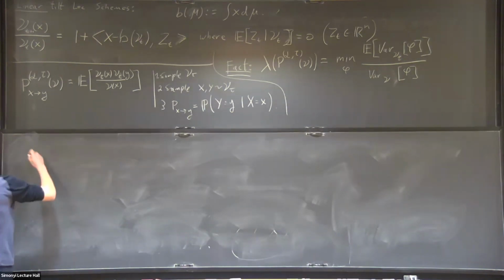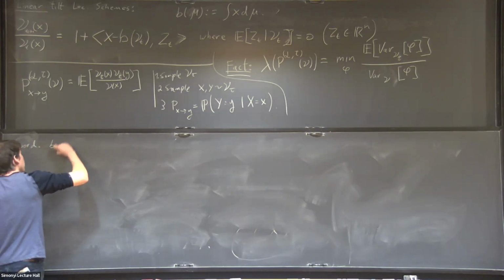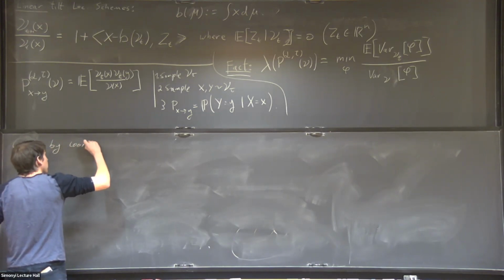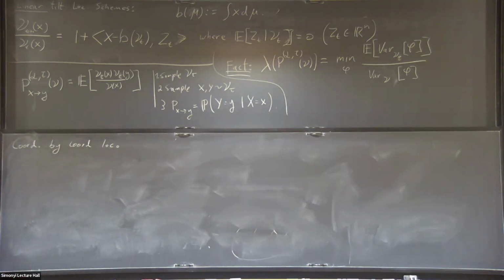So coordinate by coordinate localization is just going to be defined via that equation up there, and I just need to tell you what zt is. So zt is going to be the following thing.